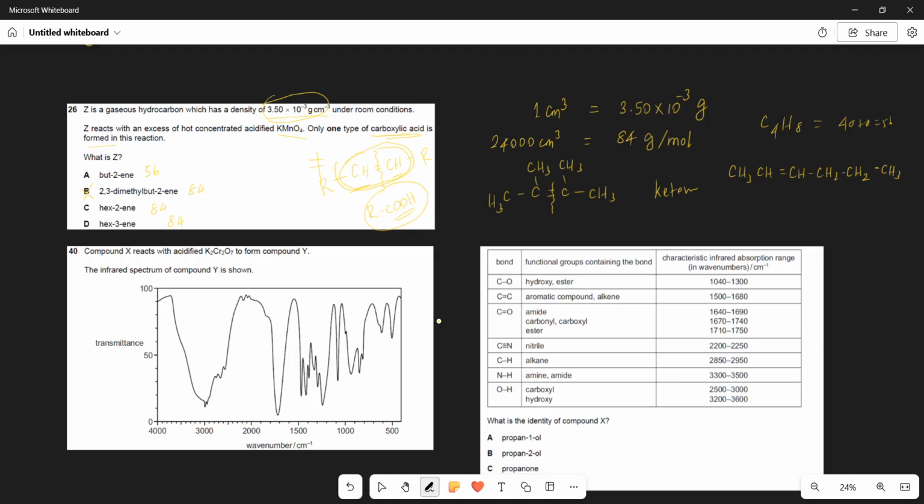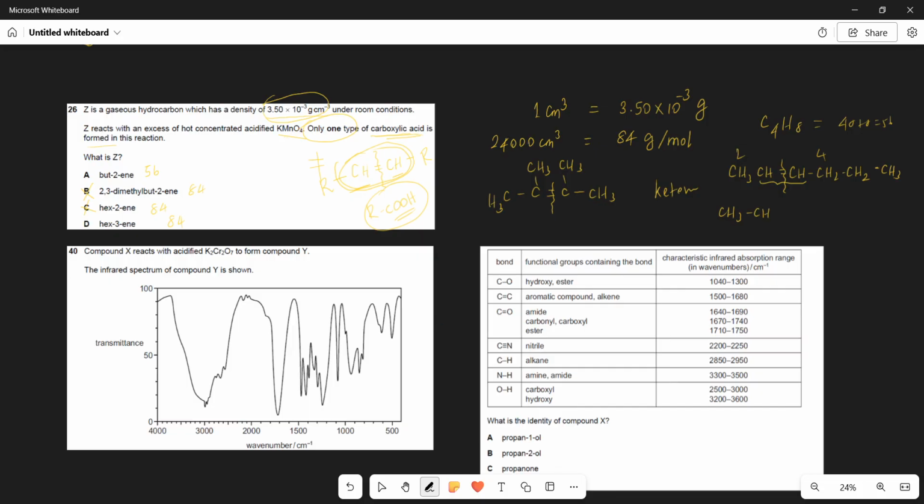Again I have the same CH double bond CH. Here I break, and I'll get an acid, but this is a 2 carbon acid and this is a 4 carbon acid, but they are talking about only one type of acid. So obviously the last choice will be the right choice.